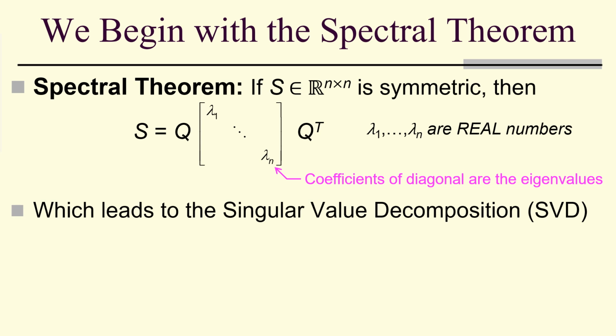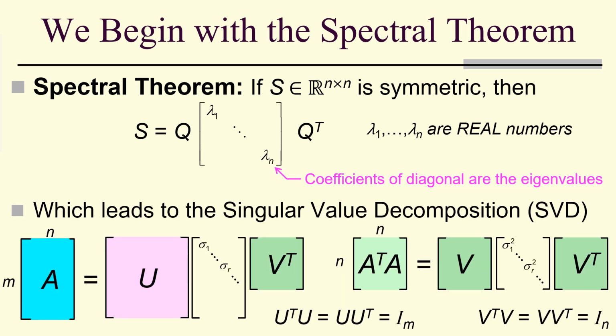And that leads to the singular value decomposition, which says that if you have a matrix A, which may not be square and in fact is often rectangular, then it can be written as U times this diagonal matrix of singular values, V transpose, where the U and the V are orthogonal, and A transpose A is V times the square of the singular values times V transpose.